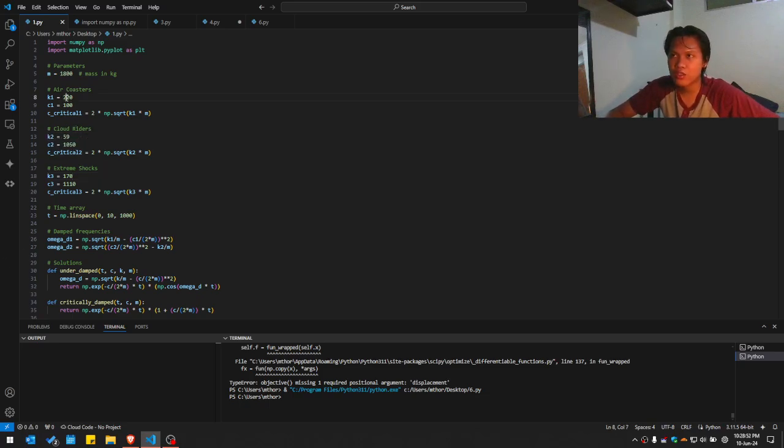The Air Coasters has a spring constant of 220 and a damping coefficient of 100. The Cloud Riders has 59 for its spring constant, and the damping coefficient is 1050. And Extreme Shocks has 170 for its spring constant and 1110 for its damping coefficient.